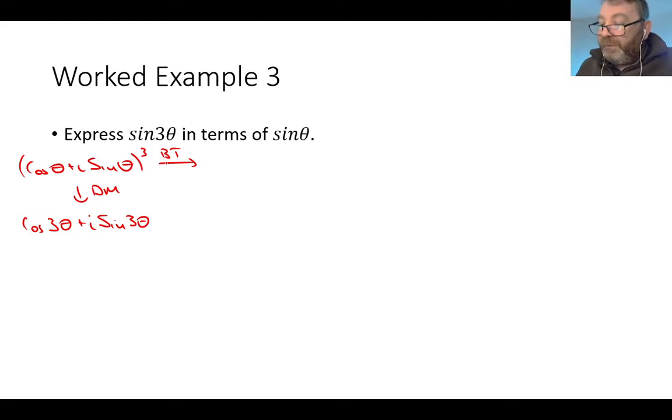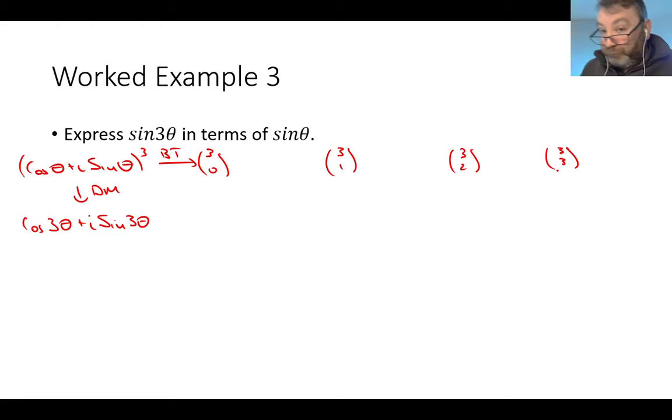The binomial theorem, let's slow down and make sure you all understand how this works. 3C0, 3C1, 3C2, and 3C3. That's the first thing we do in terms of the combination factor. And then after that, you put down your cos theta and your i sine theta. That's after each one of these combinations.